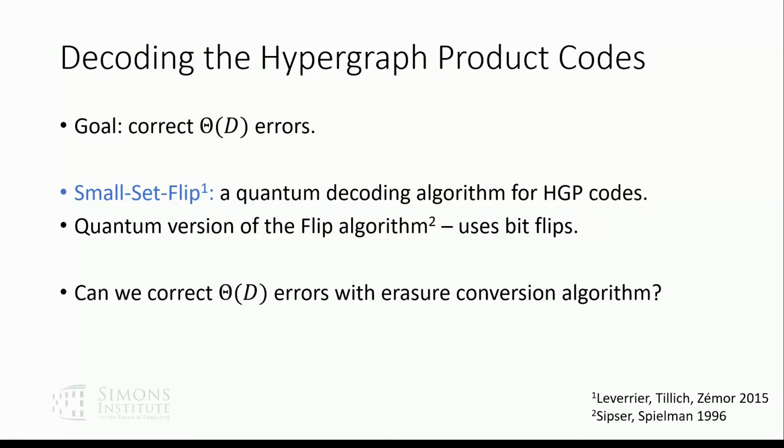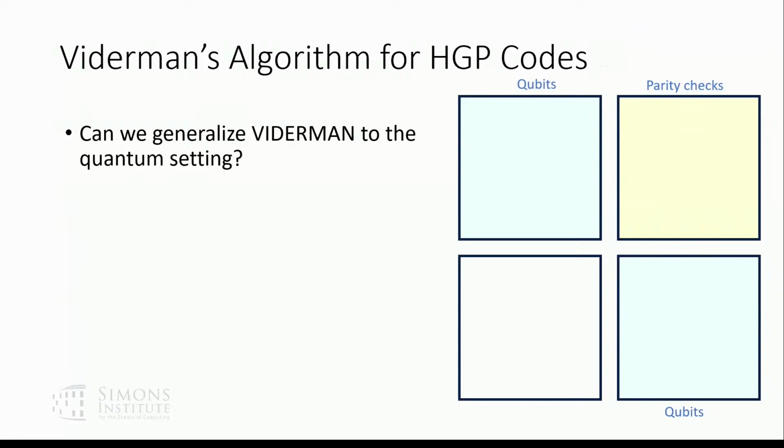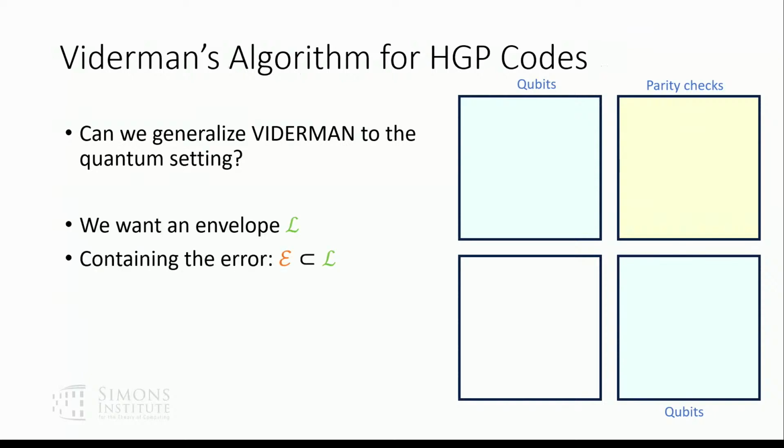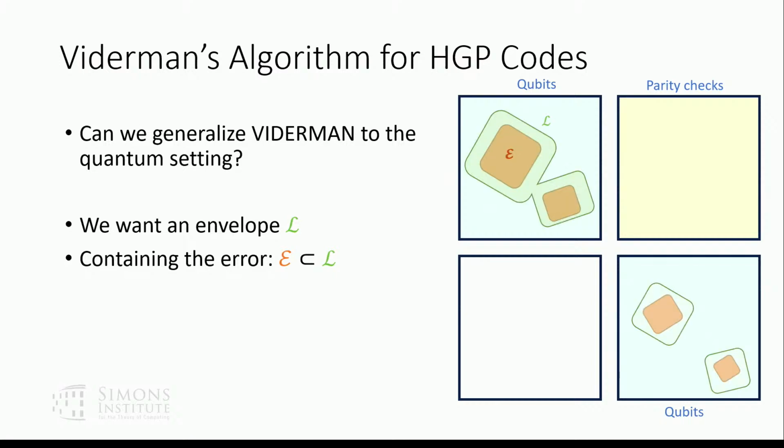And we also wanted to do the same for Viderman's style algorithm, so we wanted to do erasure conversion. What does it mean? It means that we wanted to find an envelope L that contained all the errors. So if we have some errors, we wanted to find a superset of the errors, and we wanted it to be not too large, just like the original one, where this should be some constant. So that was our goal, and this is what we did.